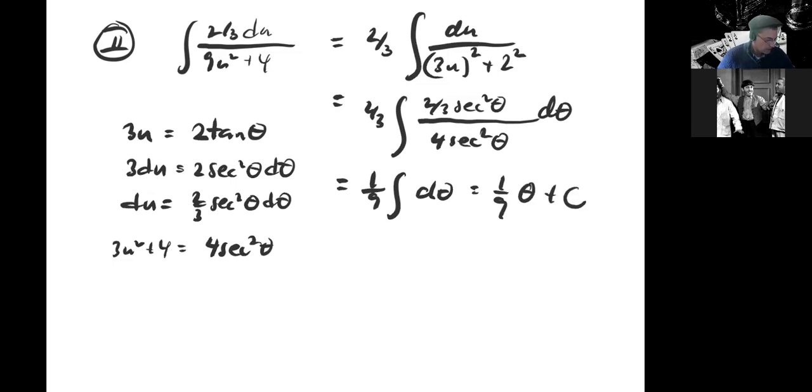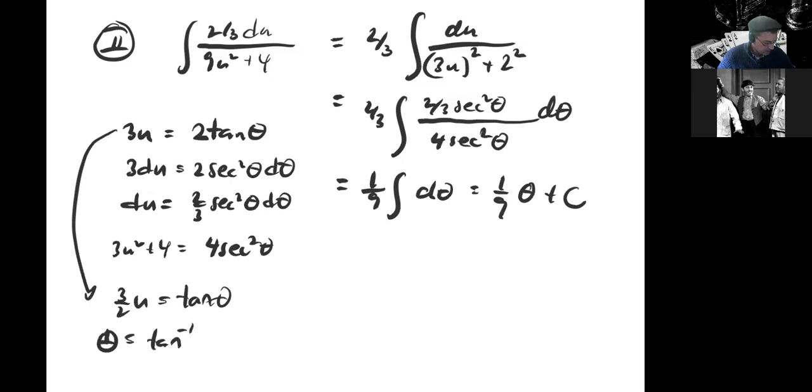Now what is theta? Well, we can solve for theta. 3/2 u is tangent theta. So theta is the arctangent of 3/2 u. And we can go even back to x because we get the arctangent of 3/2 times (x plus 1/3) plus c.